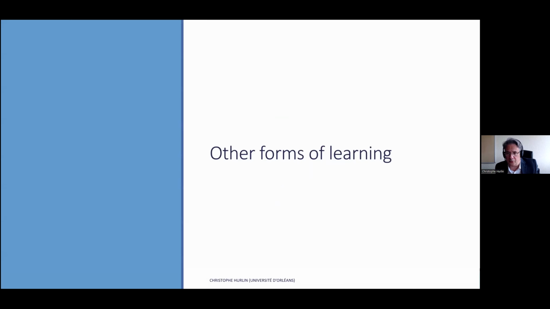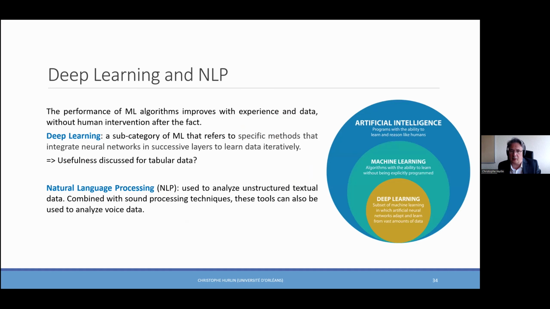Other forms of learning. Deep learning is a subcategory of ML that refers to specific methods that integrate neural networks in successive layers to learn from data iteratively. Why didn't I discuss deep learning in detail? Because the usefulness of deep learning for tabular data is particularly debated.